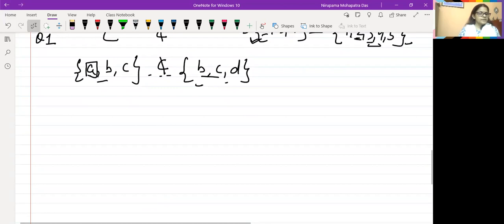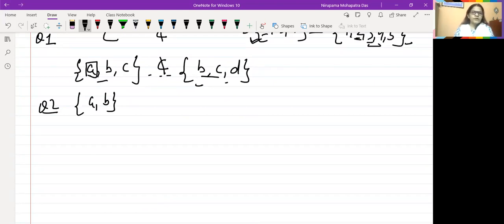Now you can examine whether the following statements are true or false. It is question number 2. You are given A, B, and this is not a subset of BCA. You have to tell whether the statement is true or not.